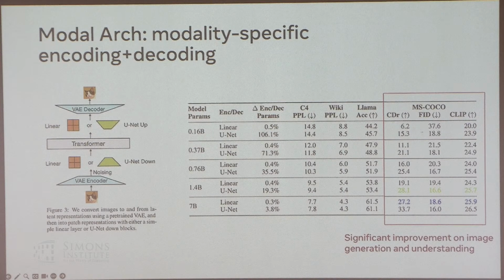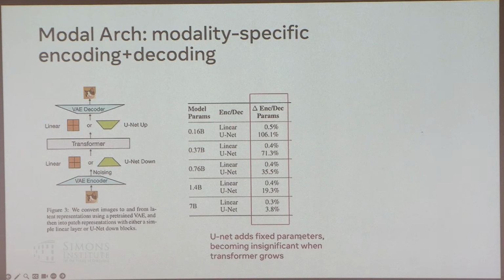And in particular, I'm going a little too fast here, sorry, but as you scale up, UNet adds a fixed amount of parameters, which is a big percentage when the models are small, but as they get bigger, it ends up being a very small percentage of the parameters in a 7B model, which you can see down here.